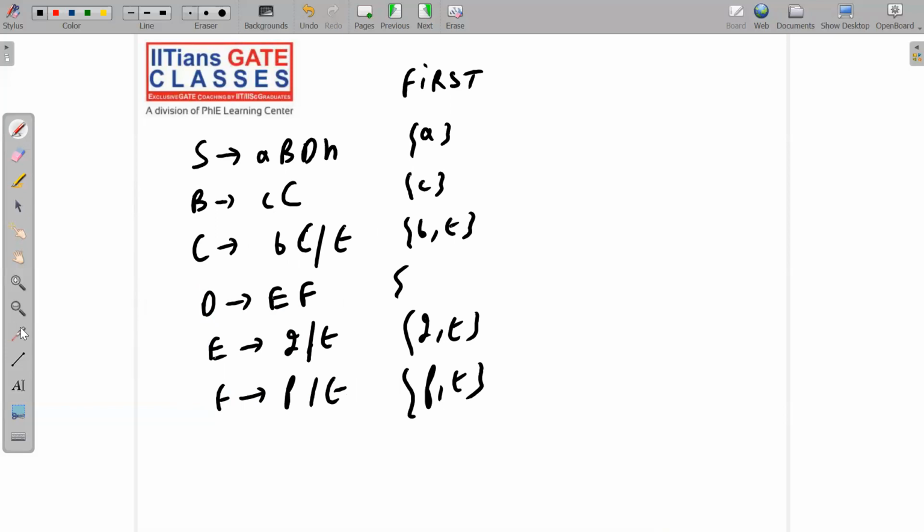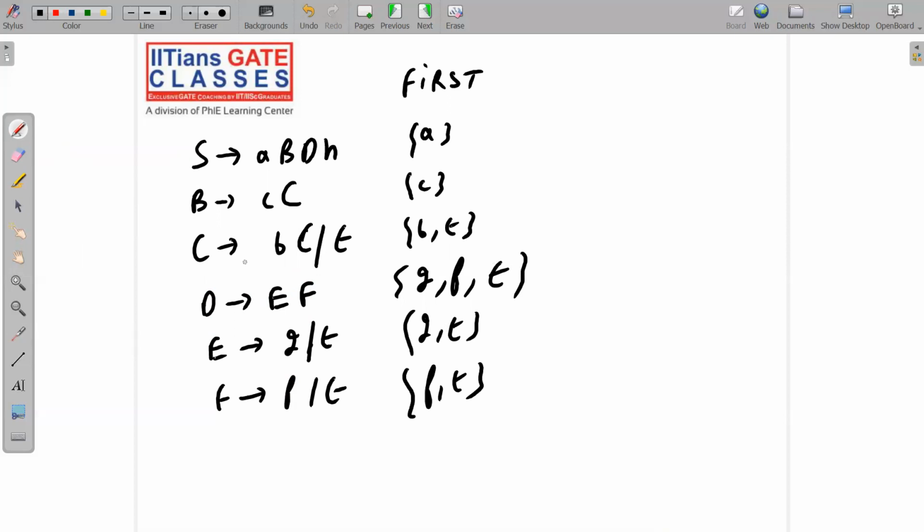Now see here carefully. First of D is first of E, I will write here G. Now since E can go to null, I will consider the rest part, that is first of F, so I will copy paste small f. Now since F can also go to null, the rest part is nothing, that means null. So I have to keep null also. So G, F and null. All these are first of. Please note it down carefully.